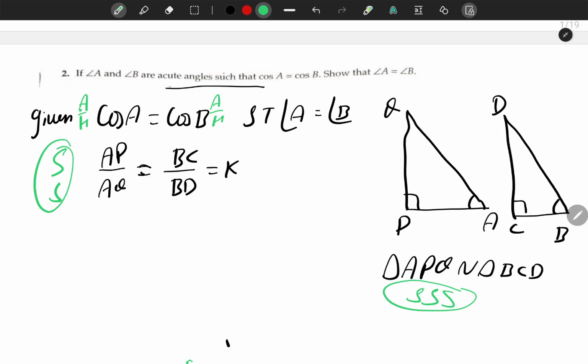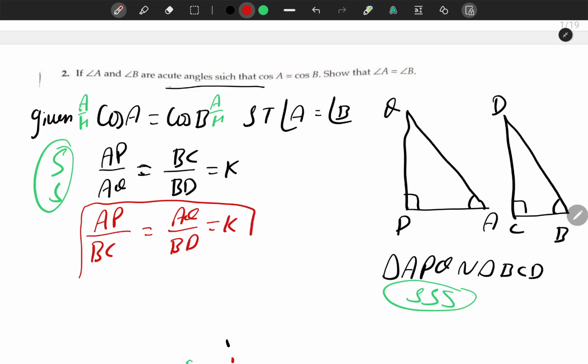That means if we want to show that these two triangles are similar, we need to show that the corresponding sides are in similar ratio. That is, AP by BC is equal to AQ by BD. They have given that. AP corresponds to BC, as well as AQ corresponds to BD.